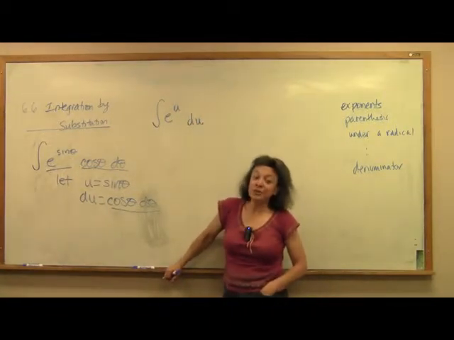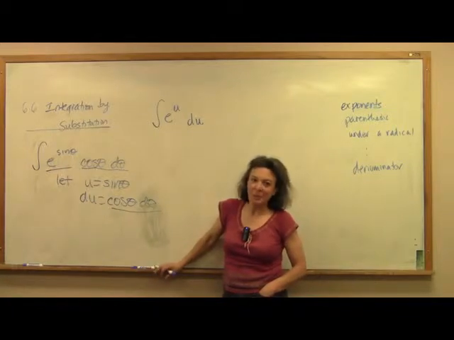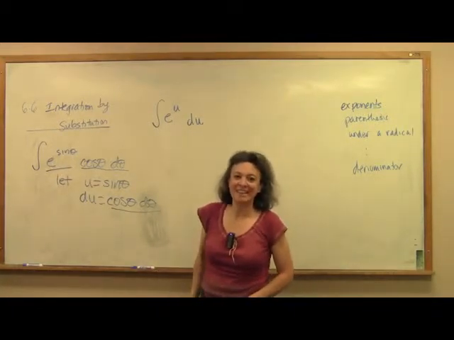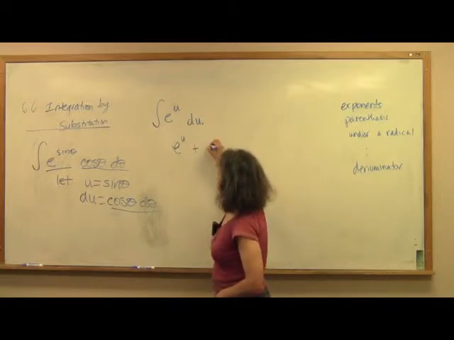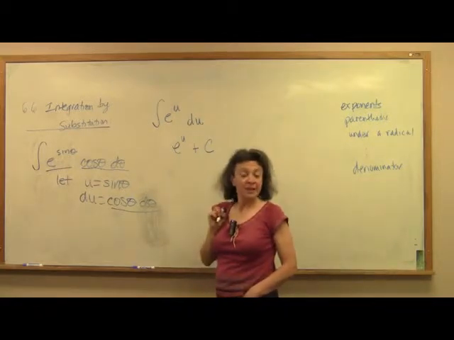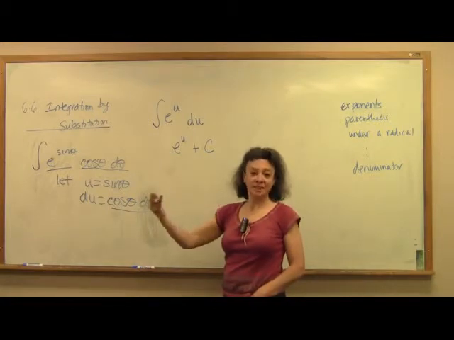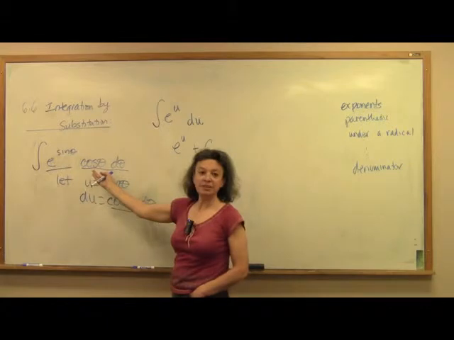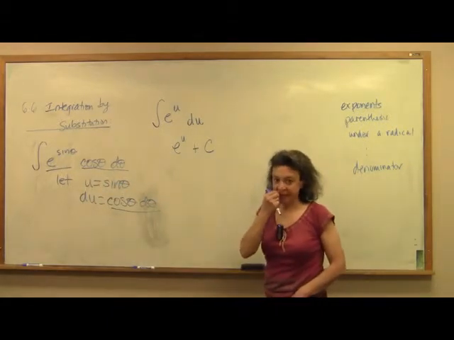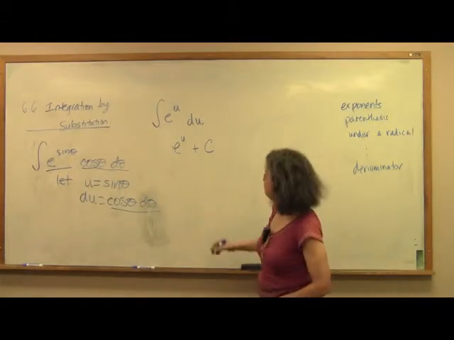Now, I think you would agree that this looks like a much more manageable antiderivative to take. What's the antiderivative of e to the u? It's e to the u plus c. And then our last step is to be polite. In other words, if our original problem was written in terms of theta, we should really give our final answer in terms of theta.